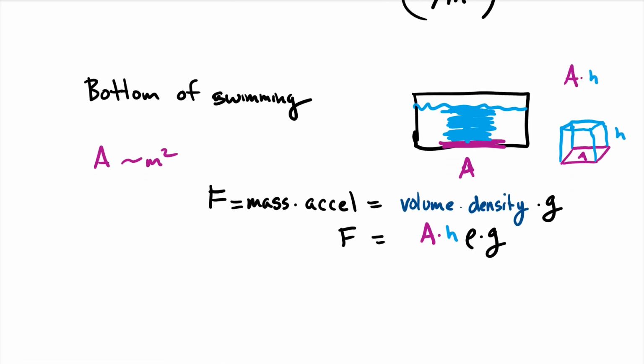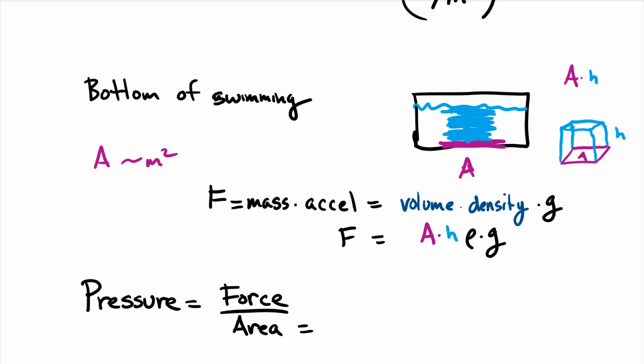But wait a second. Here is pressure. If we don't remember, it's all good. Pressure is the force divided by whatever the area might be. We found that area to be A, and our force was A times the height times rho g.